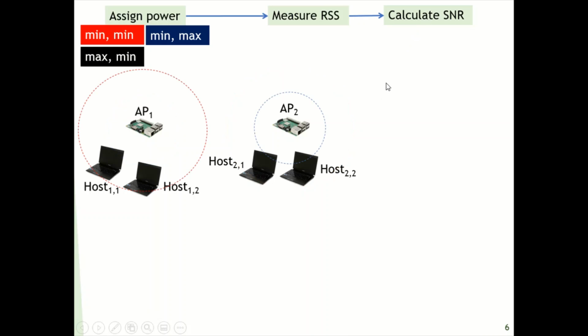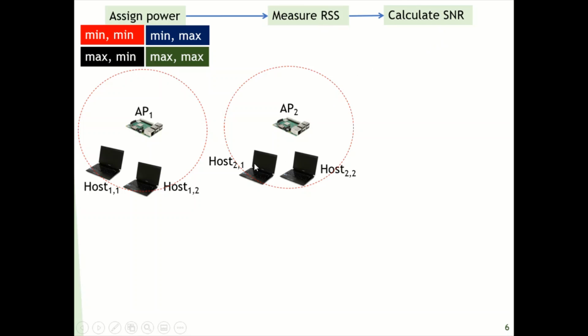Combination 3 is setting AP1 to maximum and AP2 to minimum. The procedure is the same as before, measuring RSS and calculating the SNR. And the last combination sets AP1 and AP2 to maximum power, then again doing the same procedure, measuring RSS and calculating the SNR.